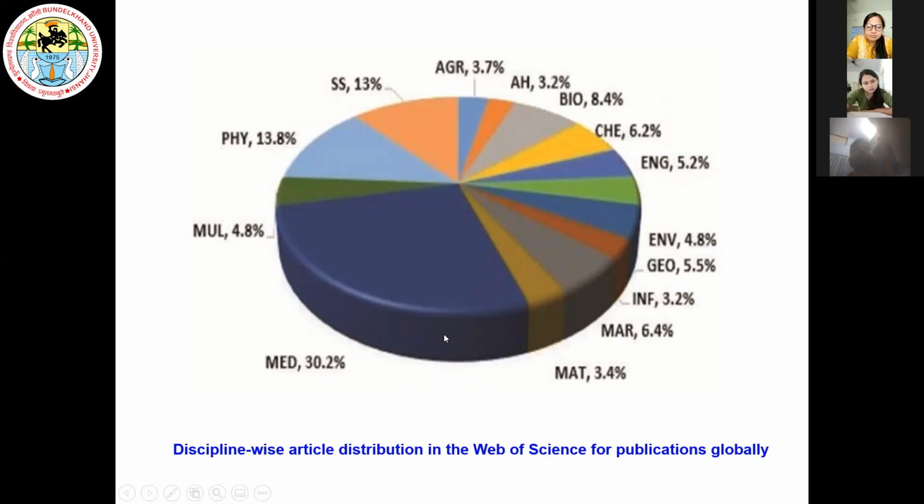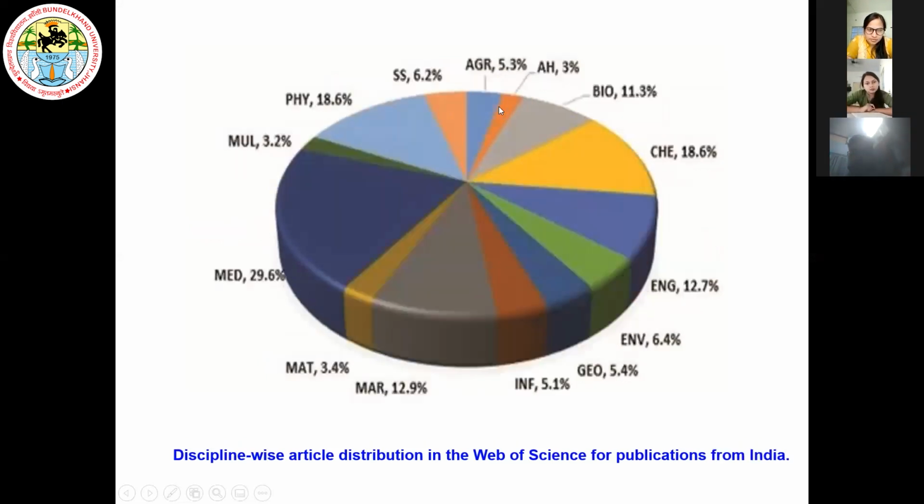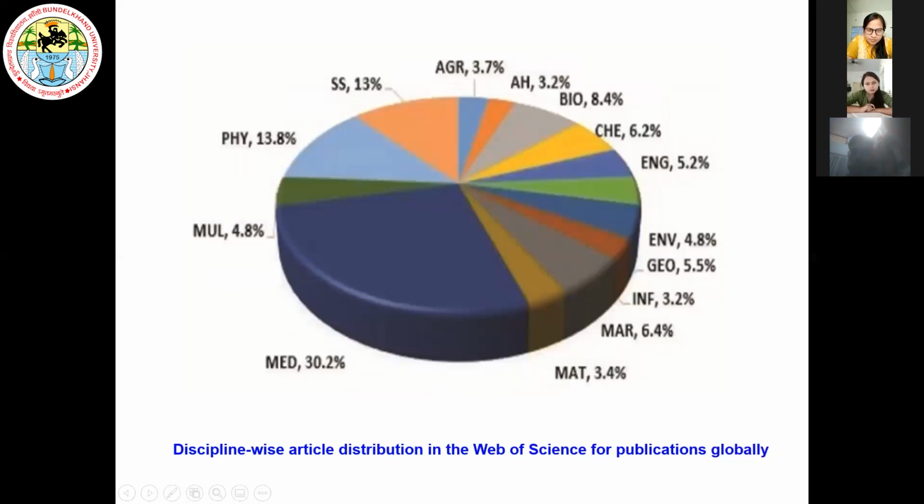Then you have other areas of science like physics, biological sciences, and chemistry. Here SS includes social sciences and H includes humanities.